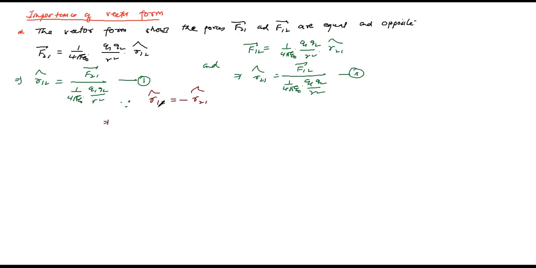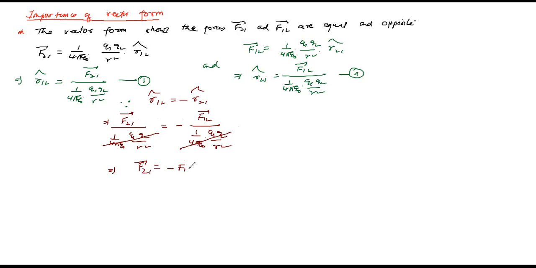Now if I put these values from equation 1, I'll write F21 as 1 by 4 pi epsilon naught Q1 Q2 by R square, and this R21 I can write as F12 divided by 1 by 4 pi epsilon naught Q1 Q2 by R square. Now if I just cancel out these things, how much I'll get? I'll get F21 equals to minus F12.